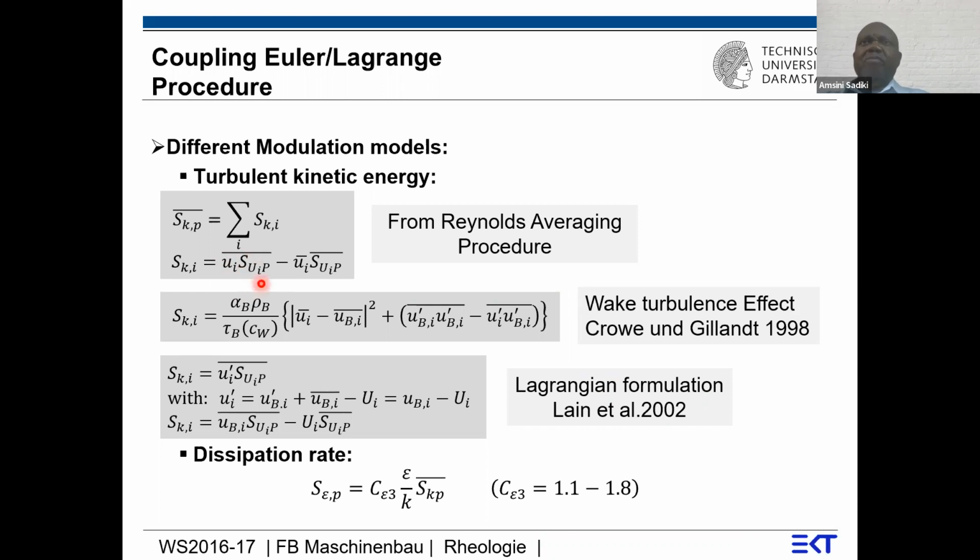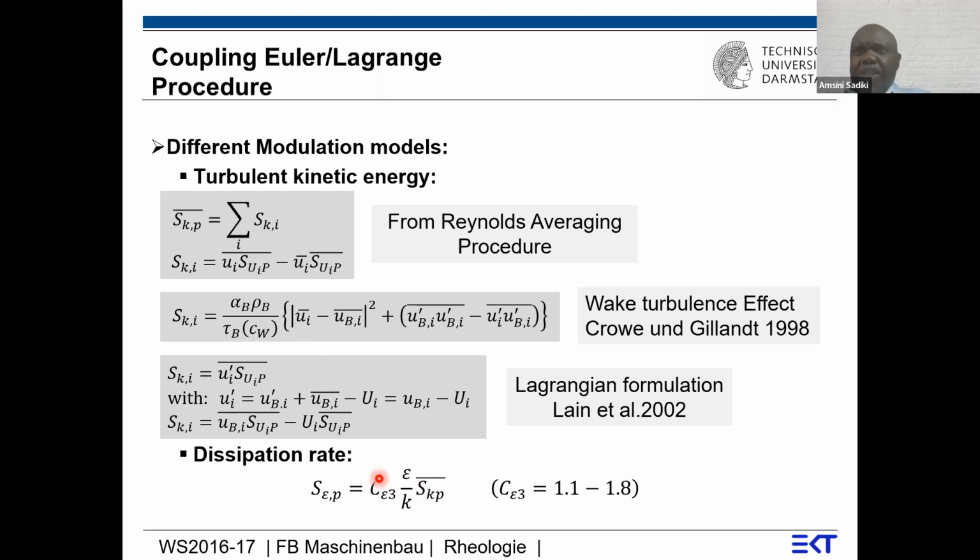We have this part minus this one. And for the dissipation, we know that from dimensional analysis, we have the source term here, and we have to multiply the source term by epsilon divided by k, and we have this expression here.